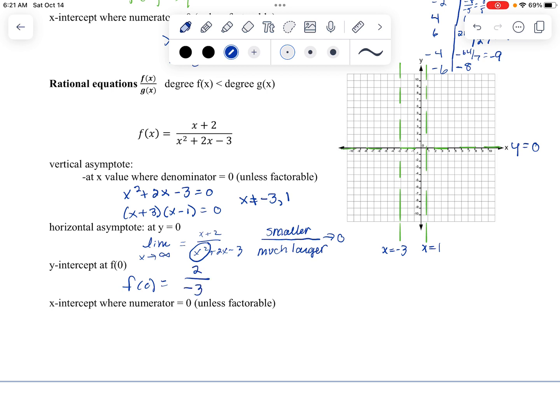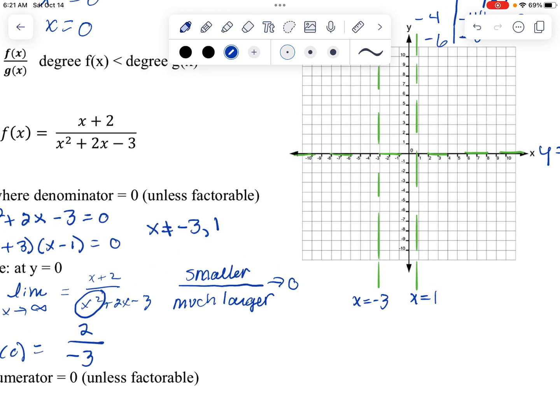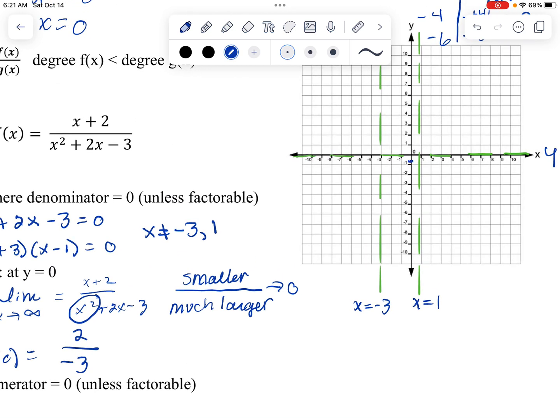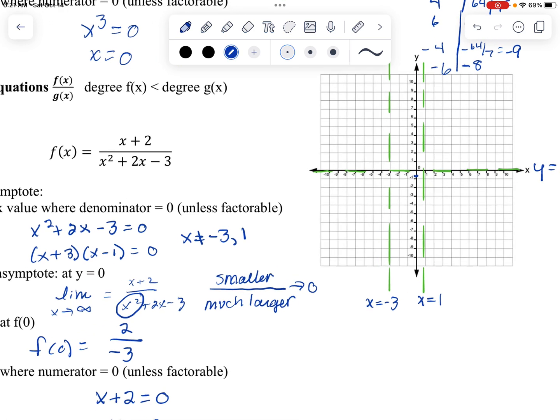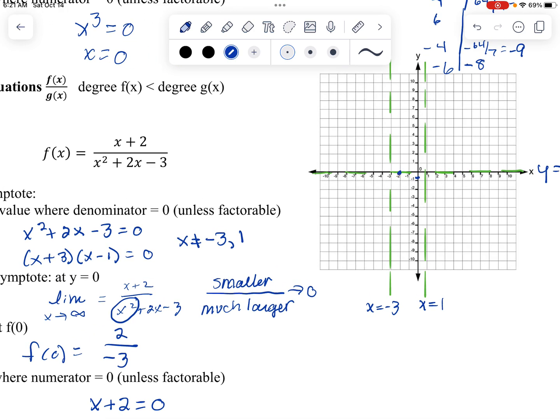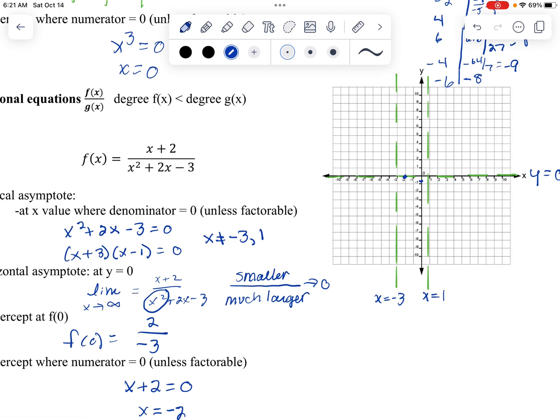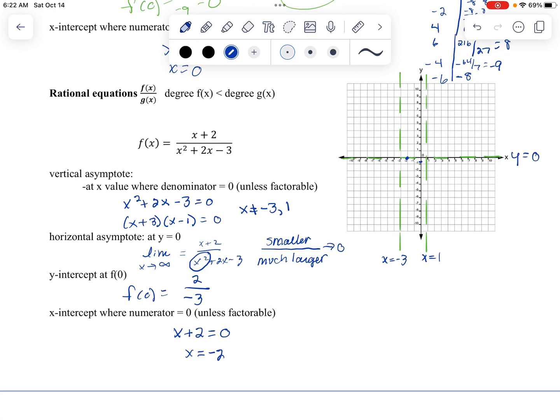So when x is 0, we've got -2/3 right there. The x-intercept is where the numerator equals 0. So x plus 2, where is that 0? Where x is -2. So right here.